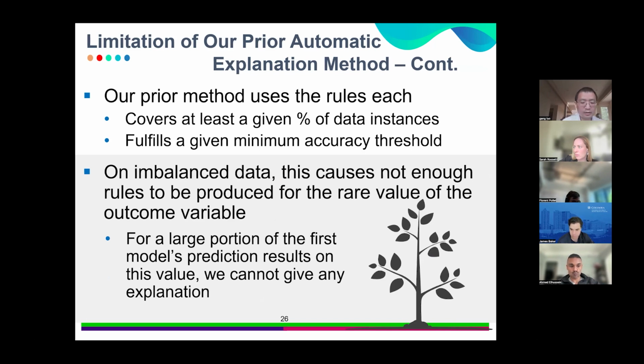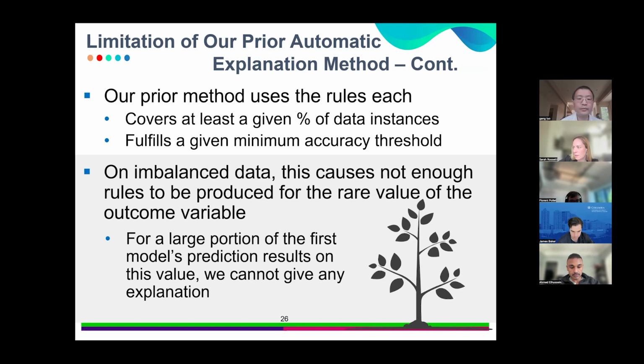That basically means for a large proportion of those patients who are predicted by the first model to have bad outcome next year, we cannot give any explanation.